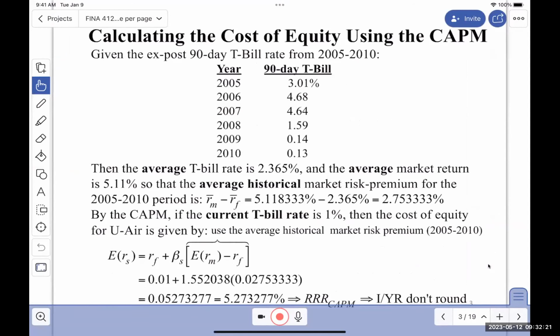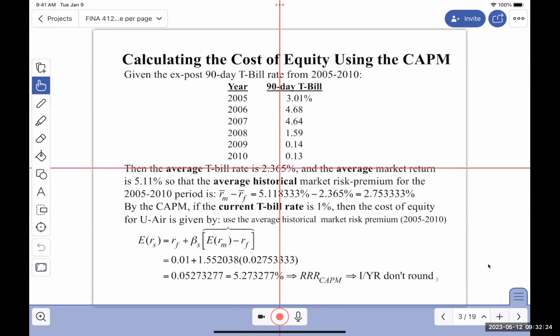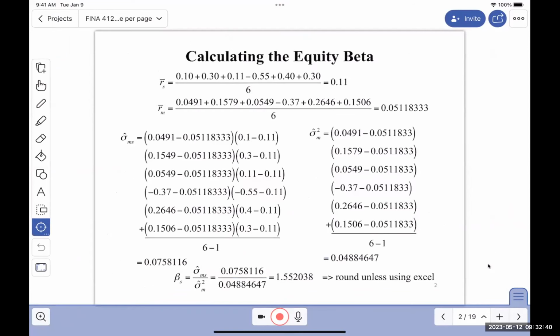So now we're using the CAPM with the beta to calculate the expected return to UAIR. Using the other information, we want to get the risk premium. The expected return to the market on your calculator is 5.11% or 5.12%.